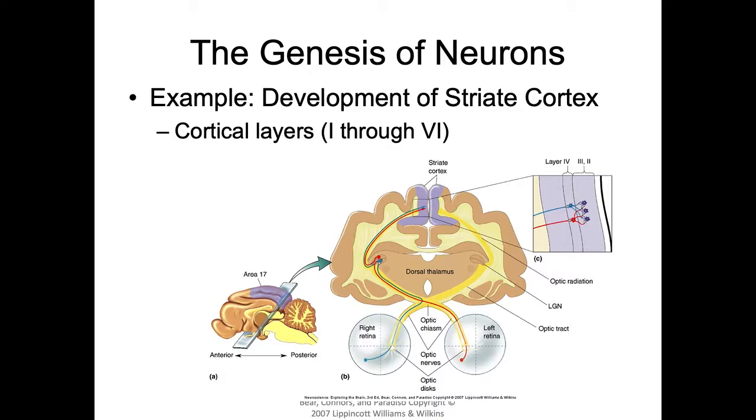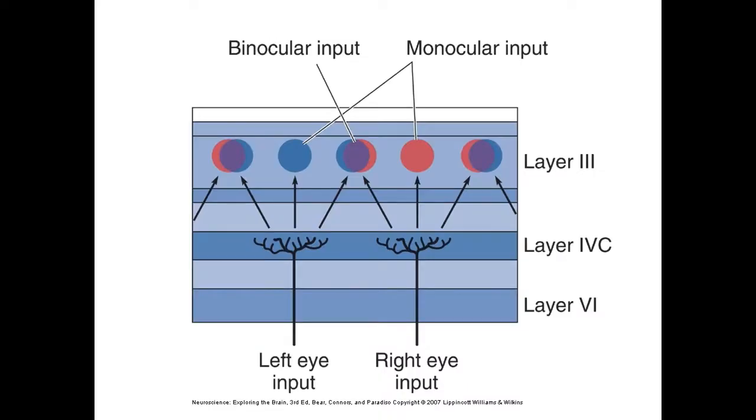So now let's go back to our slide that we were at and take a look at what's going on. What this is trying to depict, where we have red and blue circles here, are cells within layers 2 and 3. And they're just showing, out of that layer 2, in that particular cell, what's happening. Is it binocular or monocular?